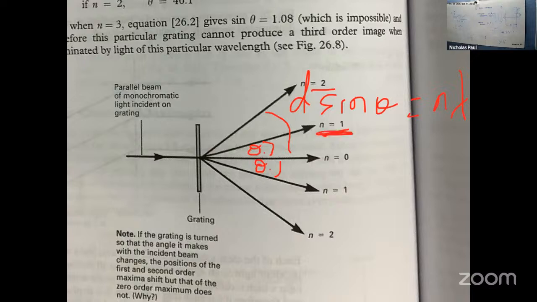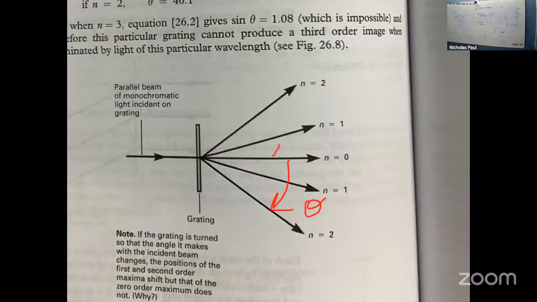You would recognize that the n1s are the same distance away from n0. The n2s are the same distance away from the n0. That's okay? So all the thetas are measured from n0. So that is theta 2. Here, that's theta 1. That's okay? So when they say n is 1, we'll use the word order.